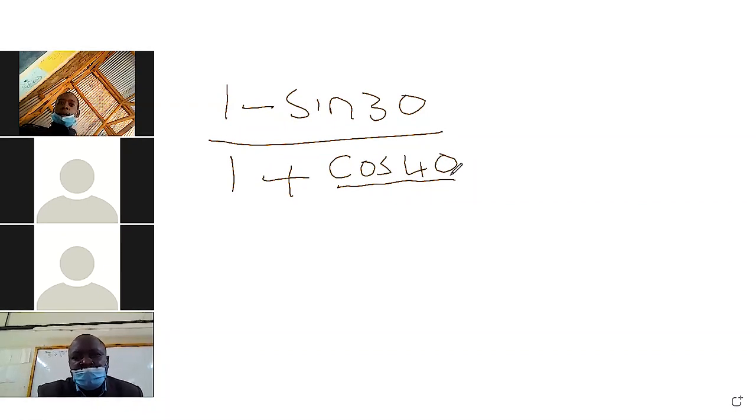Good afternoon. We have a question on rotation, especially section B, where a student is supposed to rotate a figure and after rotating is supposed to enlarge, maybe.